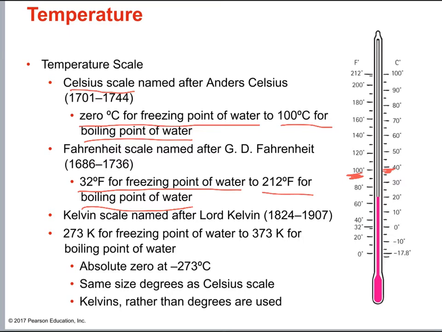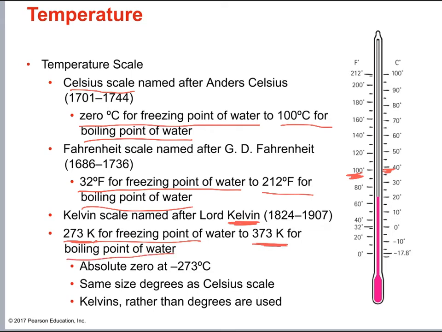One thing that you may not have heard about before is that there's actually a very common third temperature scale that's used almost exclusively in science, and that's called the Kelvin scale. That was named after Lord Kelvin, and it uses 273 Kelvin for the freezing point of water and 373 Kelvin for the boiling point of water.